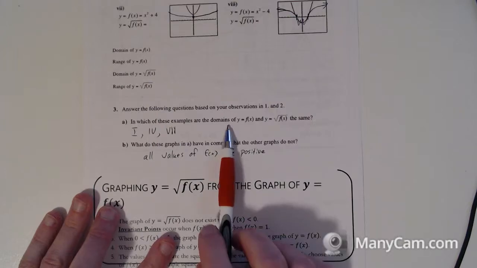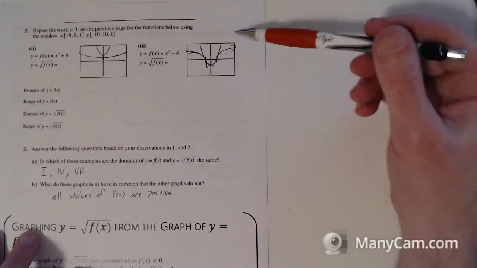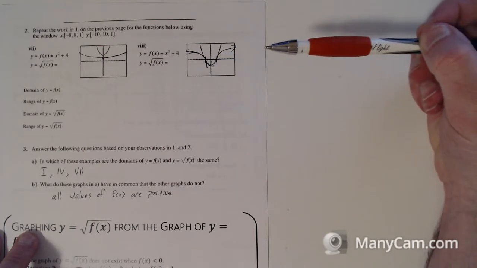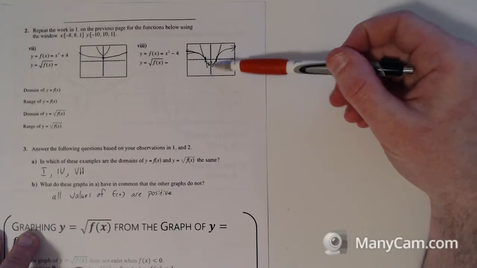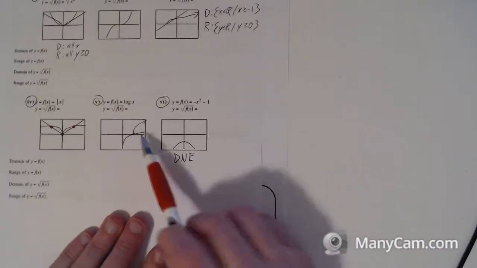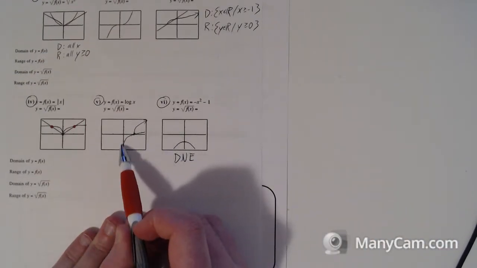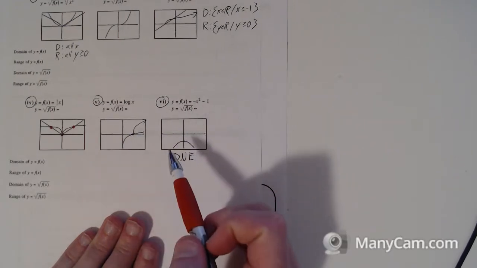And that's really just wanting you to recognize that if you wanted to look at it really quickly, everything that falls beneath the x-axis is going to disappear. That's just what they want you to see. You cannot take the square root of any of these negative numbers. Same thing with this guy right here. All these negative values over here, they're not going to exist in our new graph. It's going to start at the x-intercept and go across.